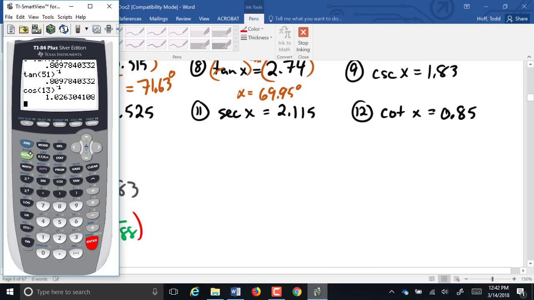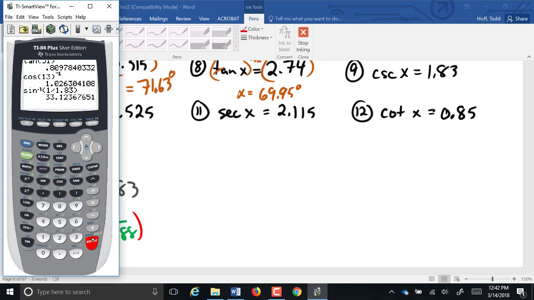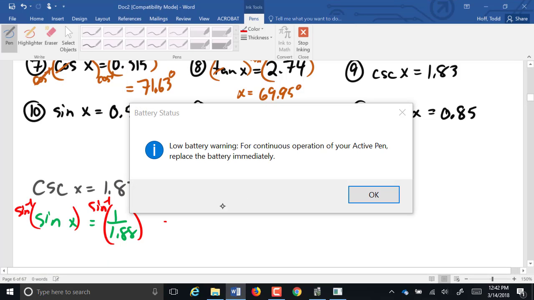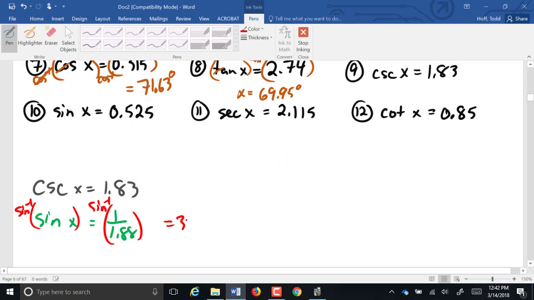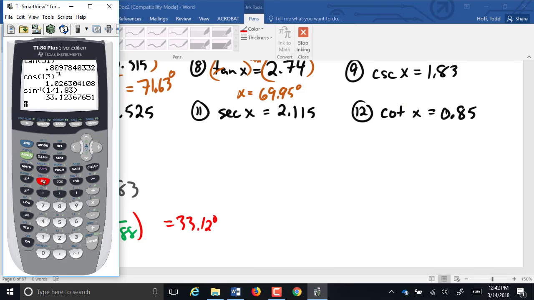When I punch that in, I could do inverse sine of 1 divided by 1.83, which gives me 33.12. Or the shorter way of entering is just do inverse sine of 1.83, then that x negative 1 key says it's really 1 over 1.83. That's why it's inside the parentheses. That still gives us 33.12.